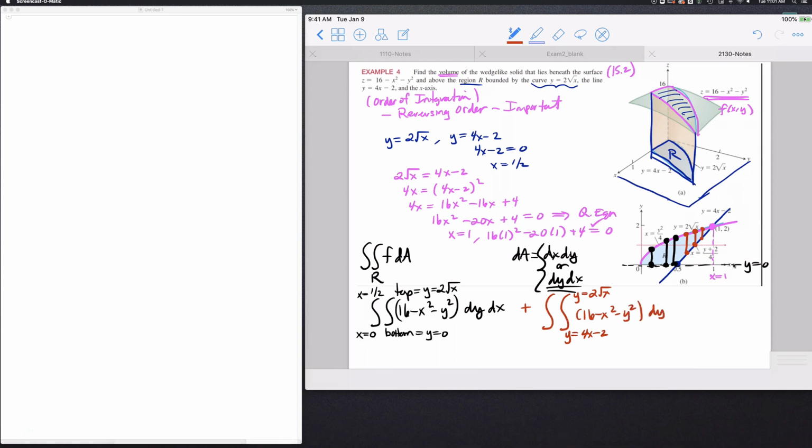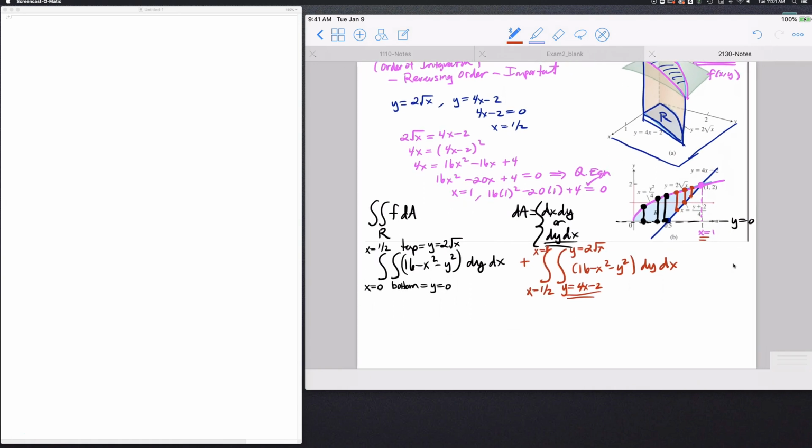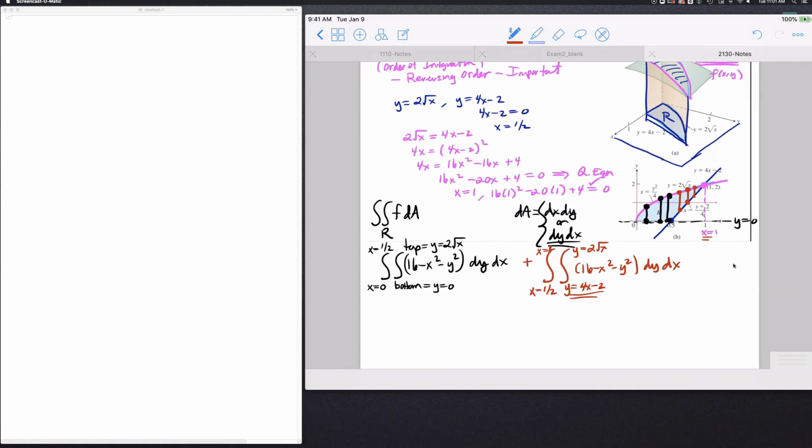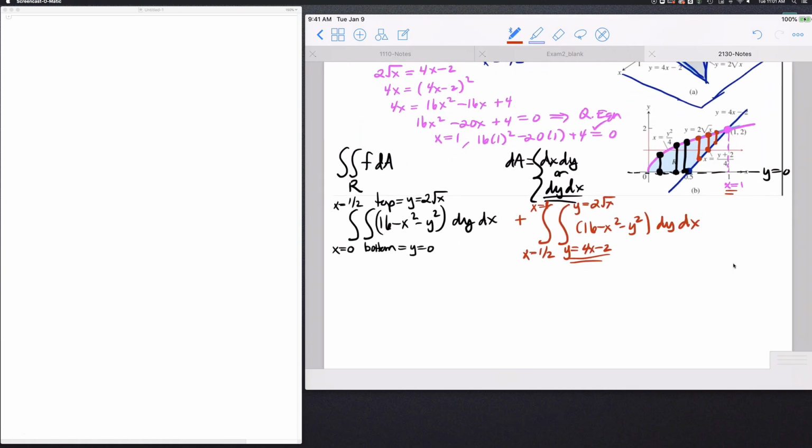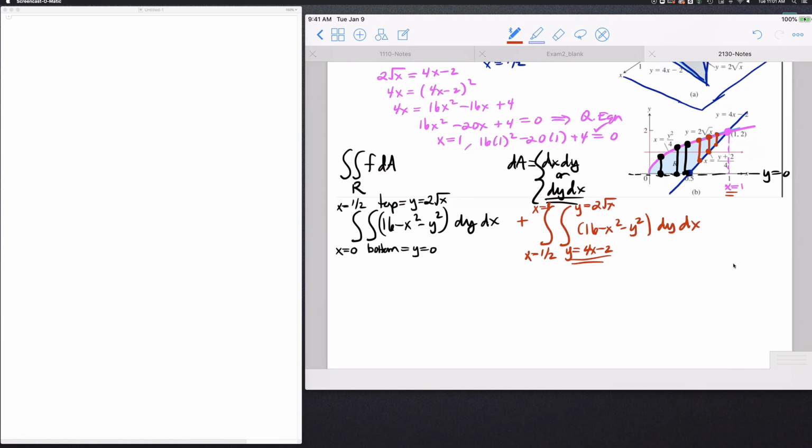We're still doing the dy dx ordering, but 4x minus 2 is the bottom function when x reaches 1/2, up to x equals, and since we know the point of intersection, x equals 1. So if you want to do the dy dx ordering, you're going to need to do two double integrals.